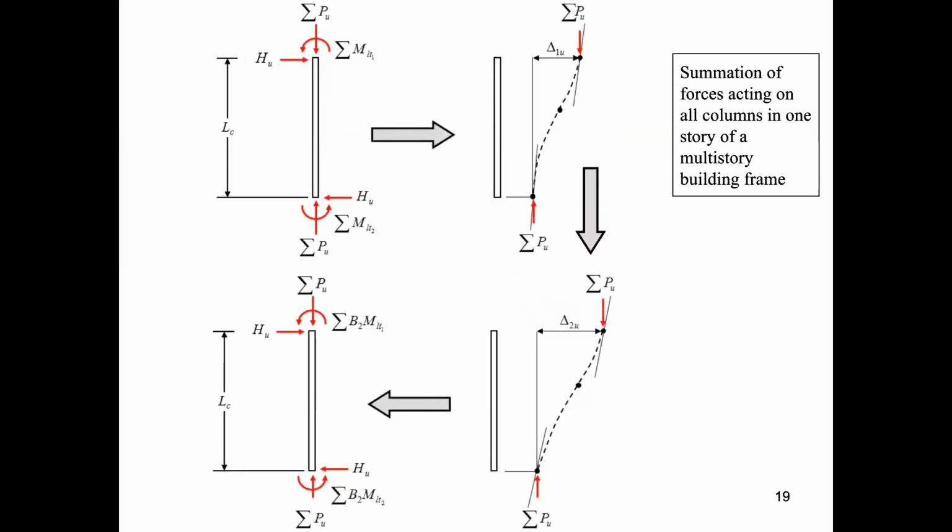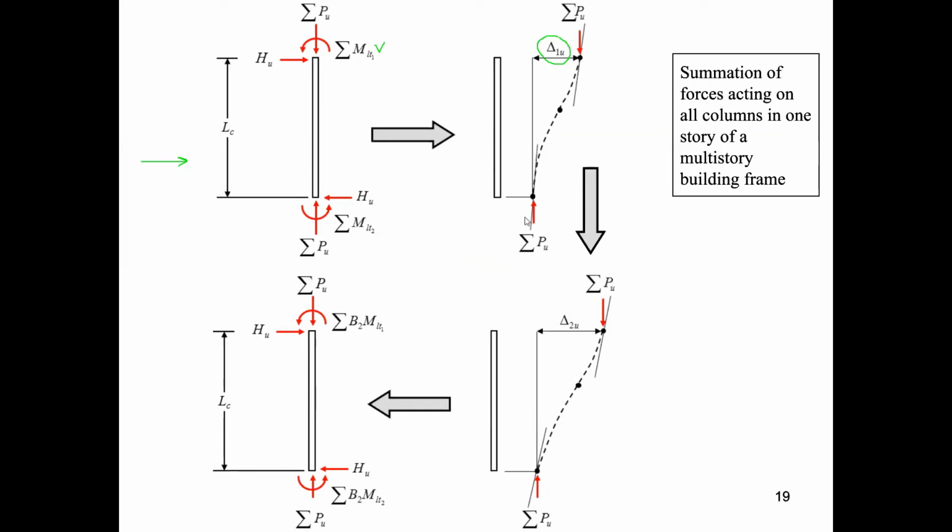Let's assume that this figure represents the summation of forces acting on all columns in one story of a multi-story building frame. The primary moment will cause the column to deflect an amount of delta 1u.